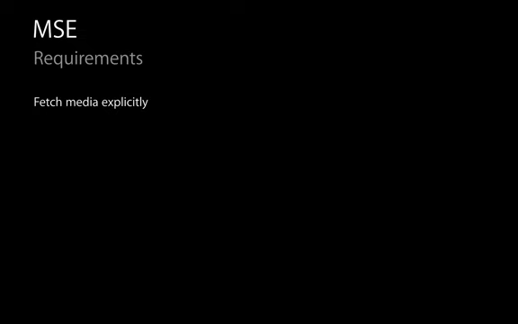The browser will not fetch data for you. It must be fetched explicitly by your page through XHR. The browser will not preload metadata for you. You have to do that yourself to make sure playback buffers don't run dry. And once you've done these two steps, you will have reproduced basic video playback. But then again, the video element could do that already. For all of the benefits of streaming media, your page must implement it manually.